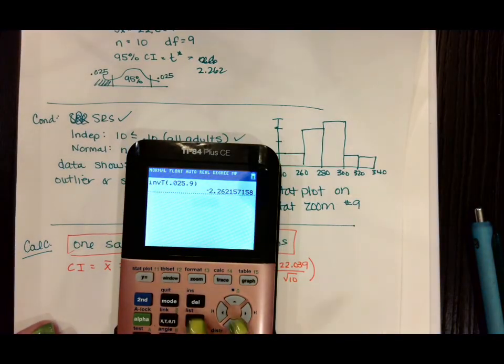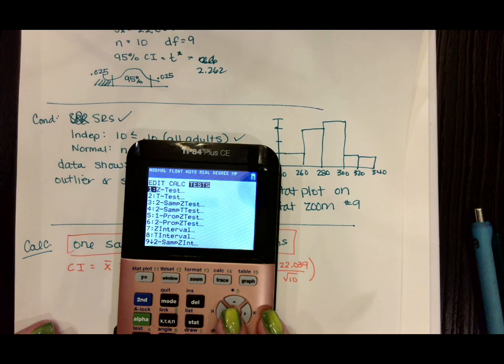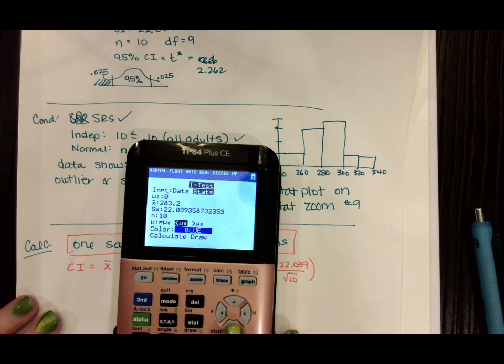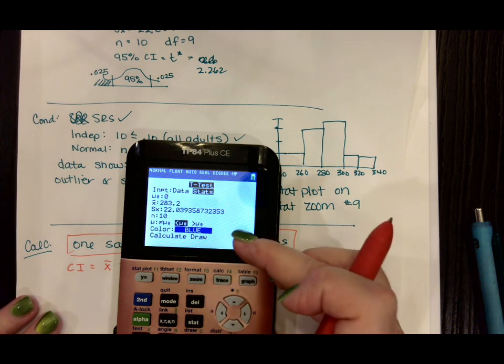Now, I'm not going to even plug that in. I'm going to go to my calculator, stat, calc, and then one sample, two sample, t-test. I'm going to use this one. Look how great this is.